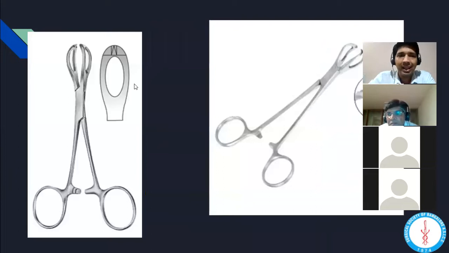Then we have the Lane's gland holding or the lymph node holding forceps. It looks almost similar to Babcock's forceps, except that it has teeth in the front. Now, the easiest way to remember it is it looks like the head of a lion. So that's the reason I remember it as a Lane's gland holding forceps. Again, here it has a bulge and a hole or a hollow area there, which allows the lymph node or the tissue to expand out, preventing crushing.